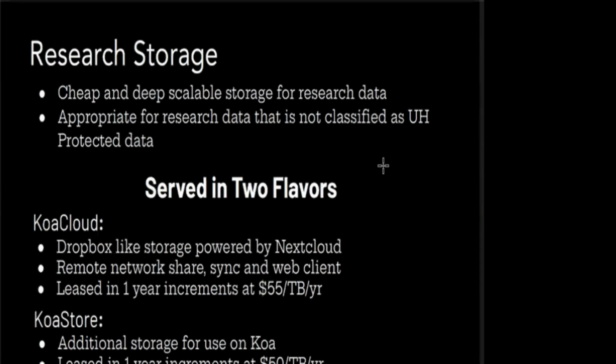So keep that in mind: anything on COA really is not set up for protected data, things like FERPA, HIPAA, et cetera. The two flavors of storage come as COA Cloud and COA Store. COA Cloud is a Dropbox-like storage that's powered by the open source project called Nextcloud.